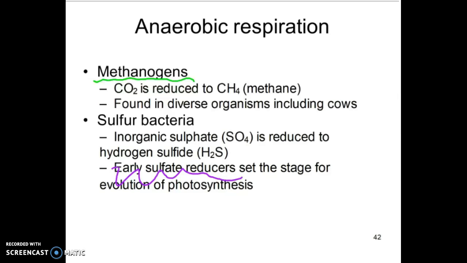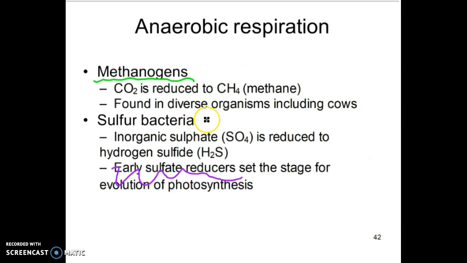And then there's a couple of other types of anaerobic respiration that we really didn't talk about. Methanogens: CO2 is reduced to methane gas. And maybe you've heard that cows contribute to global warming because of the production of methane gas that actually occurs in cattle. Methane is produced in different animals, not just cows, but that's a special kind of pathway.